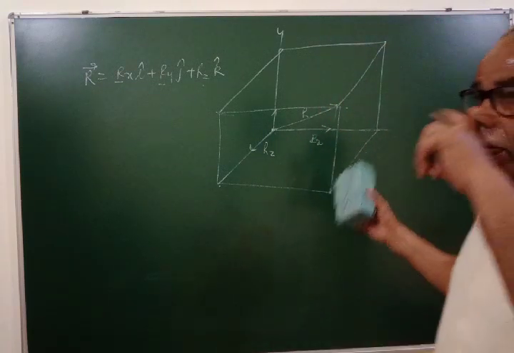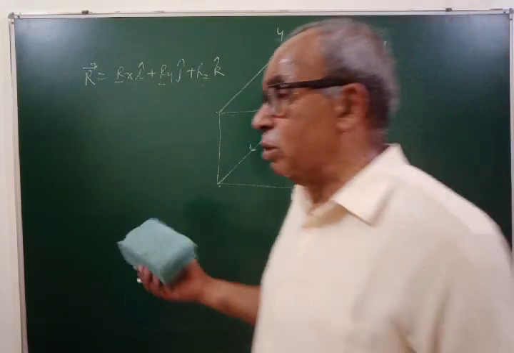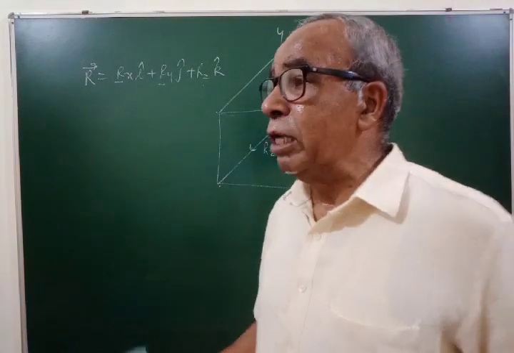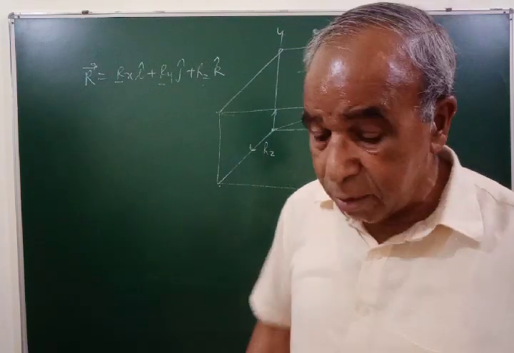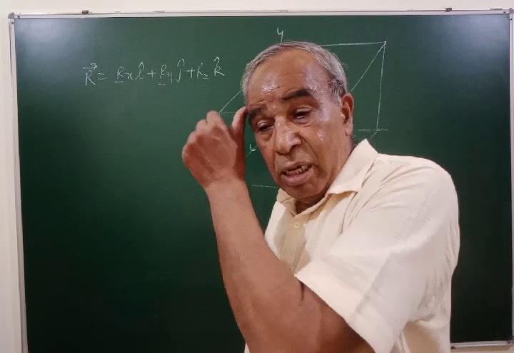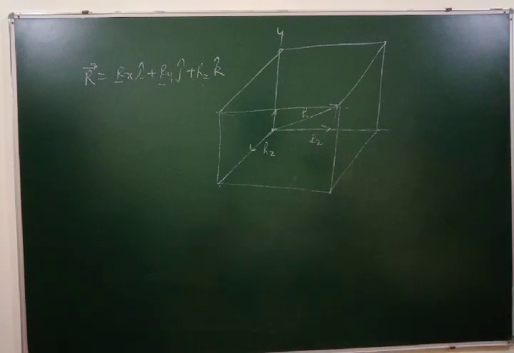I hope you have got it very clear. What are components of a vector? The vectors which when added together give one vector are called components of the vector. I think it is very clear.